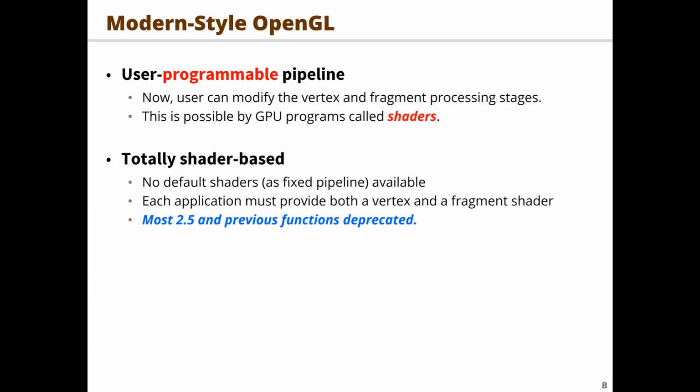Basically, we can change two parts in the pipeline: vertex shader, or vertex processing, and fragment shader, or fragment processing. This is possible through GPU programs. GPU programs are called shaders.